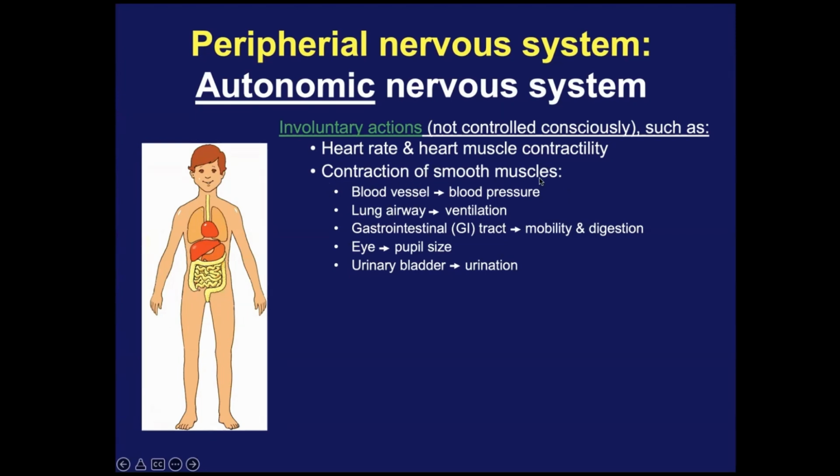The contraction of the smooth muscle in the lung airway controls the diameter of the airway tubes, which regulates the resistance to the airflow and the ventilation of the lungs. For example, during exercise, the lung airway will dilate so that it will be easier to breathe in more air.